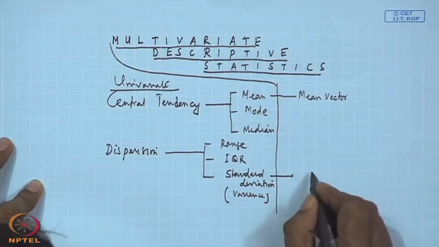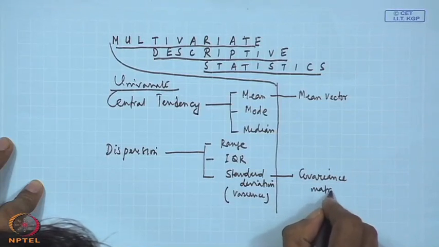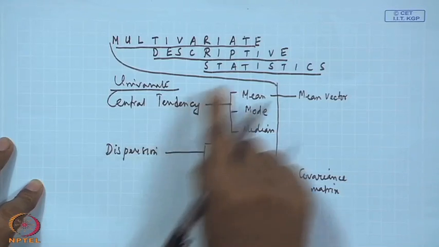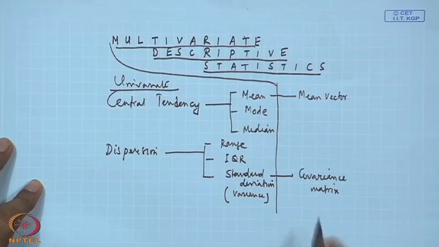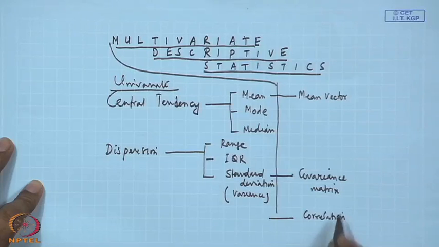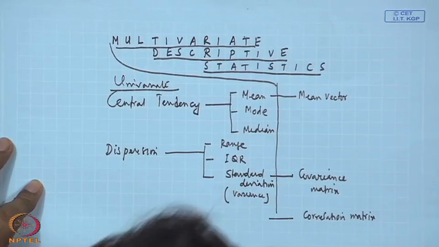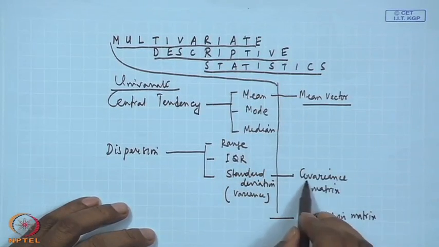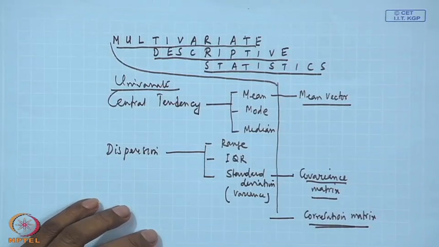Variance will be covariance matrix. In addition, as there will be more than one variable, so there will be correlation between variables. So, we will be knowing correlation matrix also. Today's discussion will be concentrated on mean vector, covariance matrix and correlation matrix.